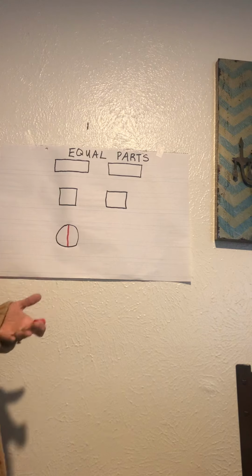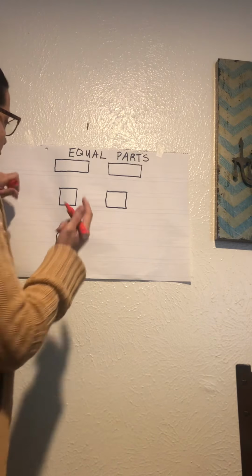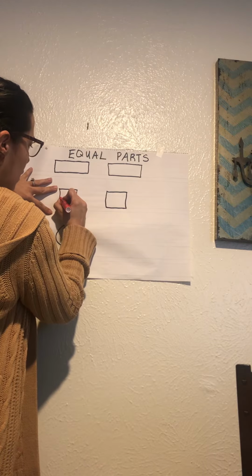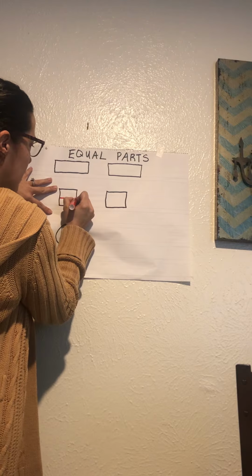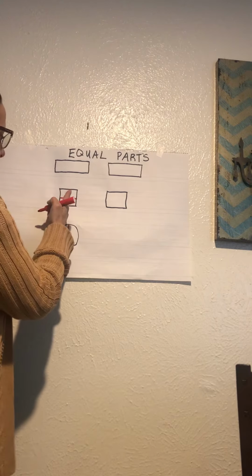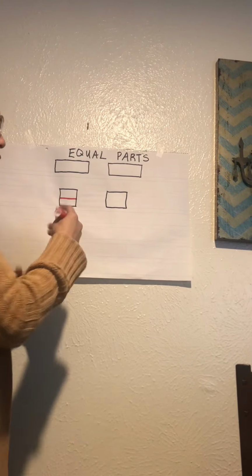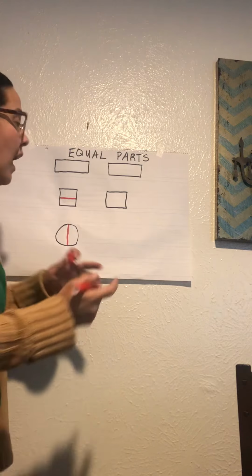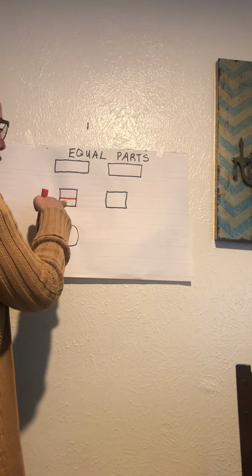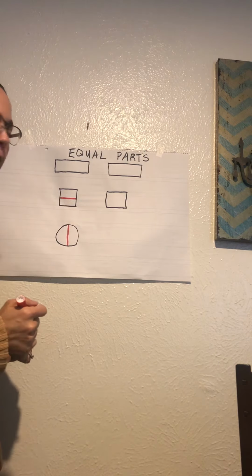So I could do the same with my square here. So I don't have to go right down the middle. I can go this way, right here, down this side. And then are they the same? Look at it. This side is the same as this side. I'm sharing it equally. Both of them are the same. I have 1, 2 equal parts.